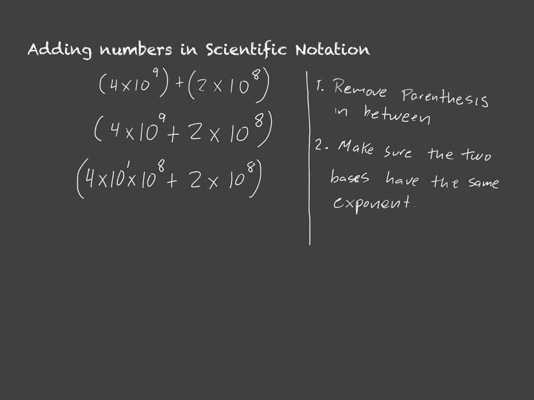So I'm going to multiply the 4 times the 10, and that's going to give you 40 times 10 to the 8th plus 2 times 10 to the 8th.